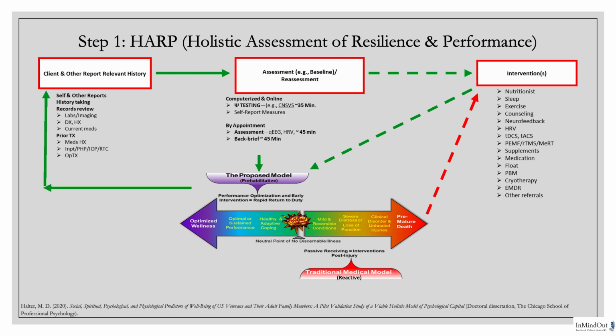So the assessment should have similar aspects or similar factors such as these here. So we have self-report measures, we have objective functional measures, and then from there we can decide what interventions are appropriate.